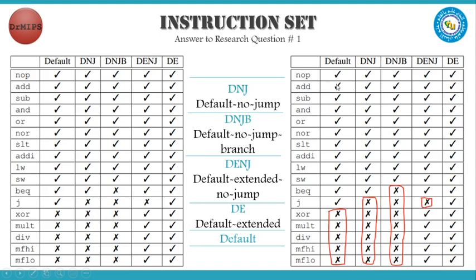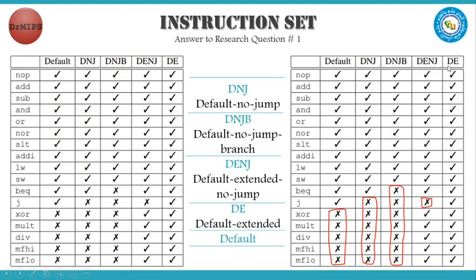So in the right table, in the first column of the default instruction set, you can see at the end there are 5 instructions that are not supported in the default instruction set, but all others are supported in the default version. But when you see the default extended version, all the instructions are supported.